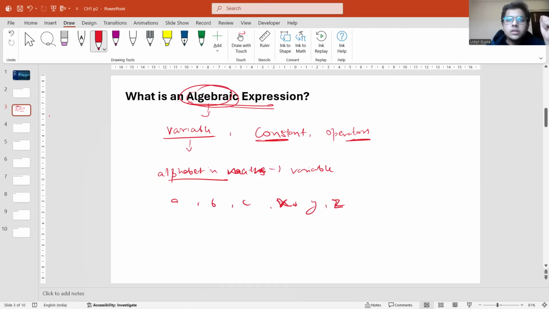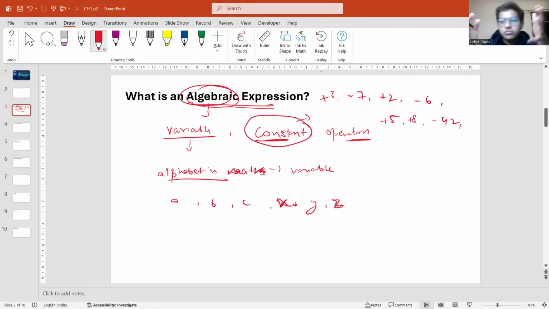What are constants? Constants are the terms that are constant. Like let's say plus 3, minus 7, plus 2, minus 6, 5, 8, plus 5, plus 8, minus 42. Any number that's as it is, that's your constant. Operators: plus, minus, divide, multiply, those are your operators.